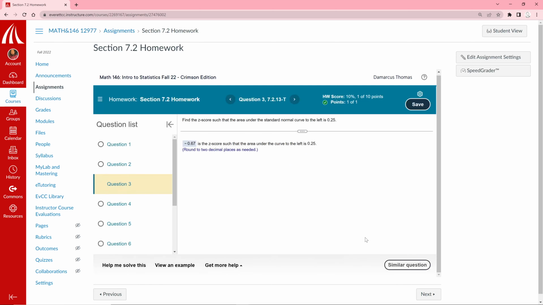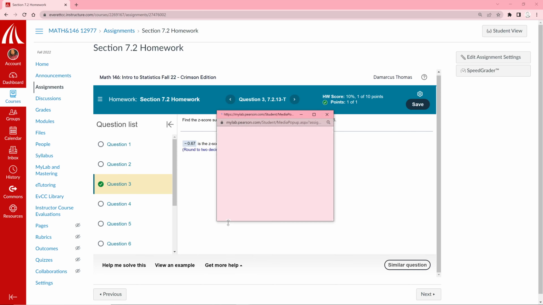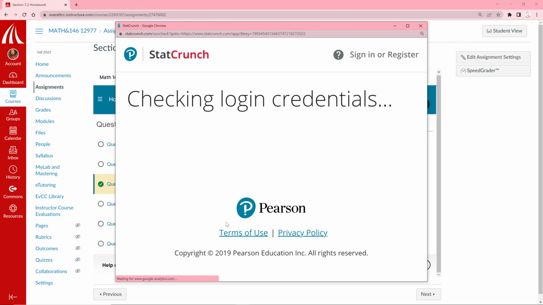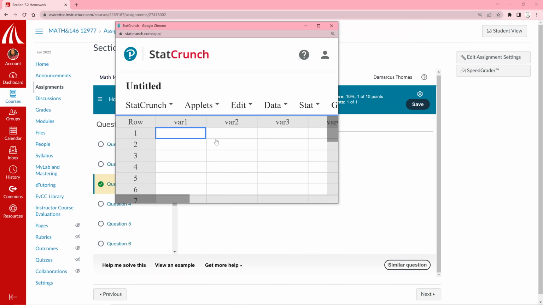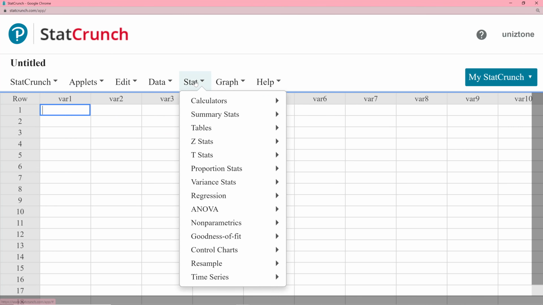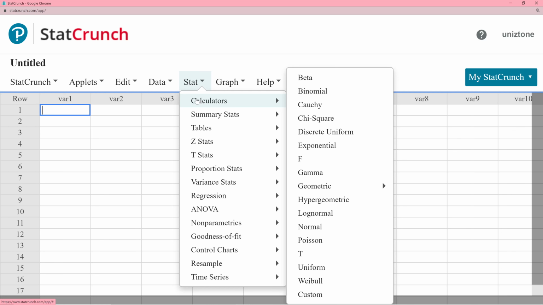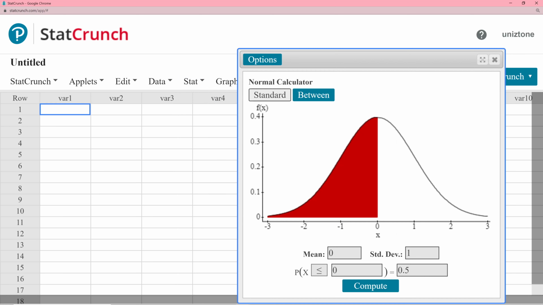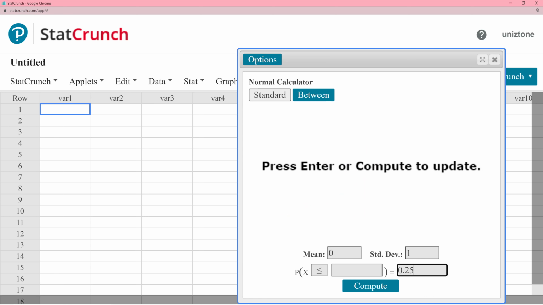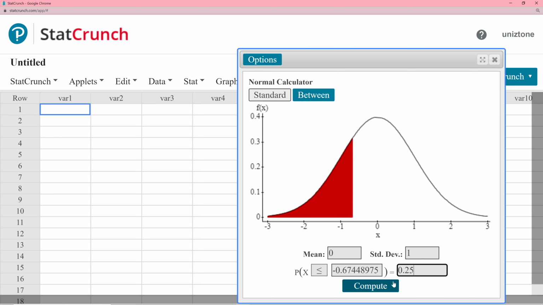That works. Now, we could have also used StatCrunch. There's a calculator in StatCrunch. Hopefully my StatCrunch actually will work. Okay, it did. Good. We go over to calculators, and what we need is the normal calculator. I have to give it the area to the left, so the area to the left is 0.25. By default, the mean is 0 and deviation 1, because it is the standard normal.